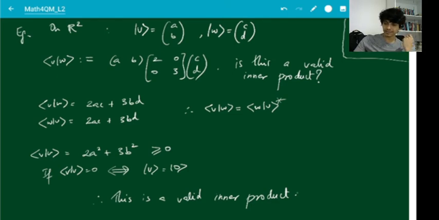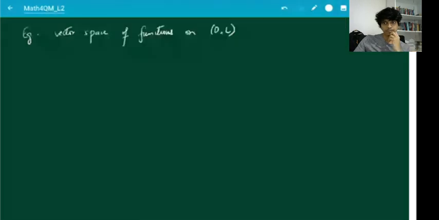Let's take one last example, and here I am moving on to the infinite dimensional vector space that we spoke about the last time. This is the vector space of functions defined on the interval 0, L. How do we define an inner product on this?